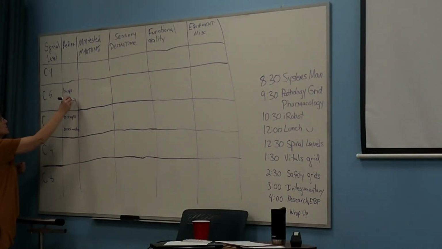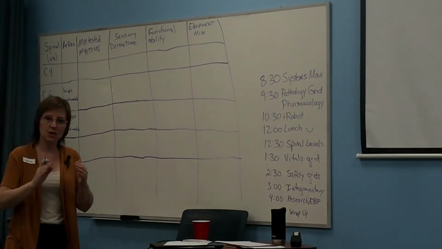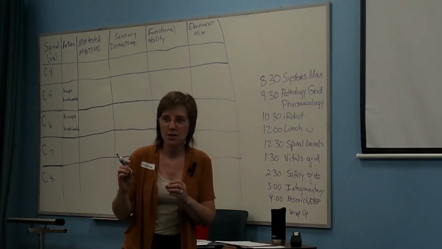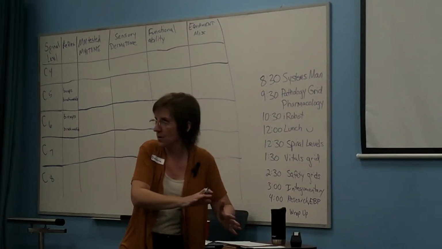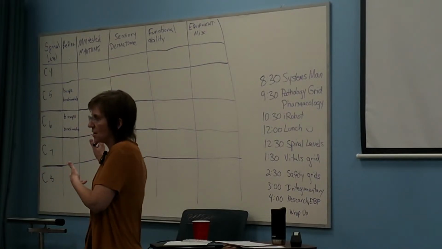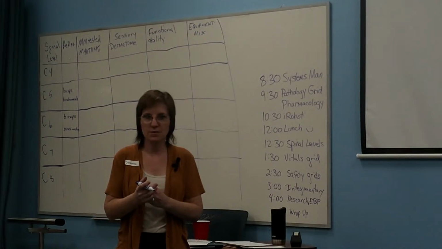So C5 and C6 have some redundancy, and as was brought up before, when you have to differentiate between the two, you have to be given information in the question that rules out the other one, or something that only lives in the other one. They cannot expect you to differentiate C5 or C6 and just say, well, the reflex is the bicep and the brachioradialis, because that doesn't give you enough information.